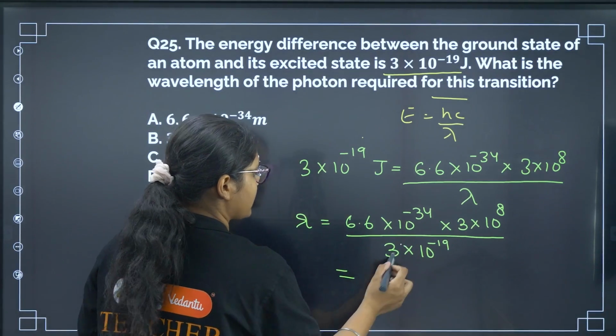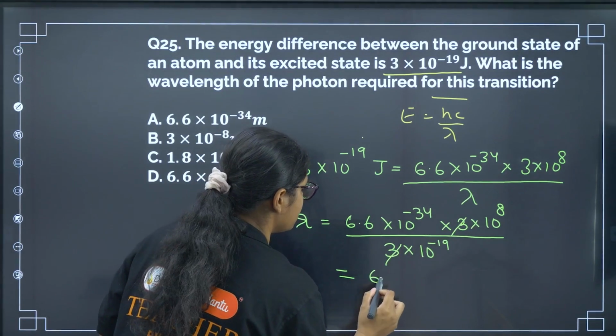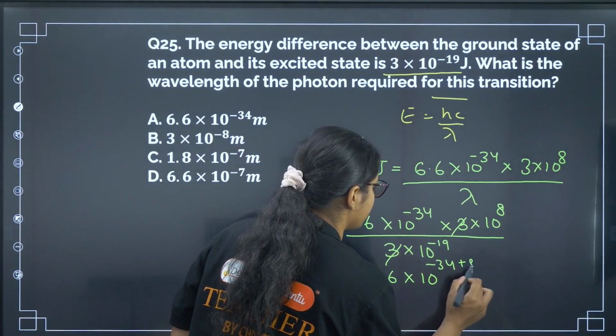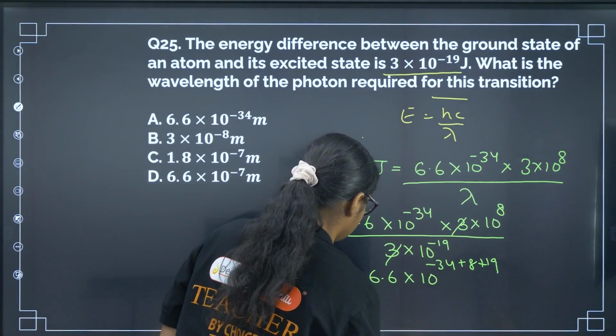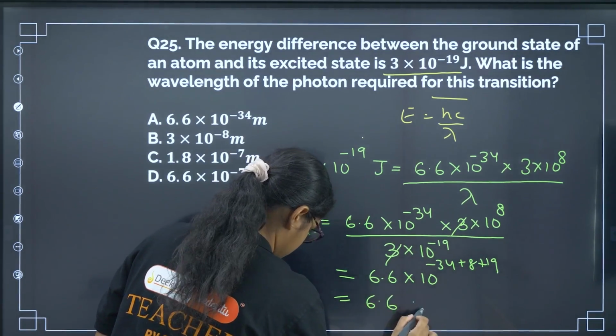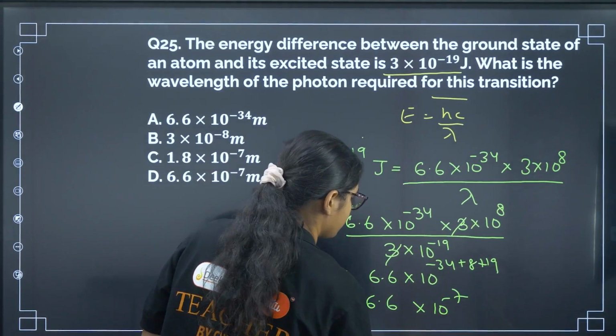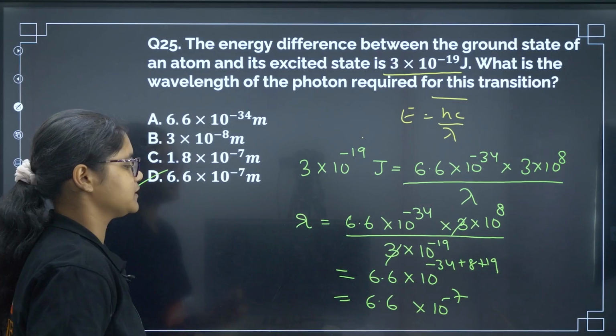Okay, so now I can cancel this part. Then we will get 6.6 into 10 to the power of minus 34 plus 8 and then plus 19. So if we solve this, we'll get 6.6 into 10 to the power of minus 7. Okay, so correct answer for this question is option number D.